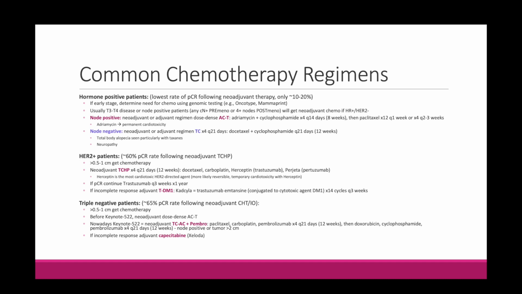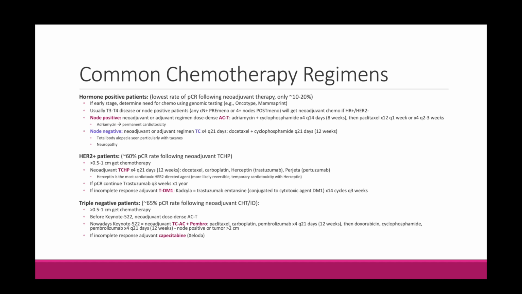Now, when we give neoadjuvant chemotherapy, we give it with the hope that the patients will undergo some type of downstaging, right? So that they'll have a response to the upfront chemotherapy and the cancer stage will improve as a result. The best response to neoadjuvant chemotherapy is actually seen in triple negative patients, around a 65 to 70% pathologic complete response rate following neoadjuvant chemoimmunotherapy for triple negative patients.